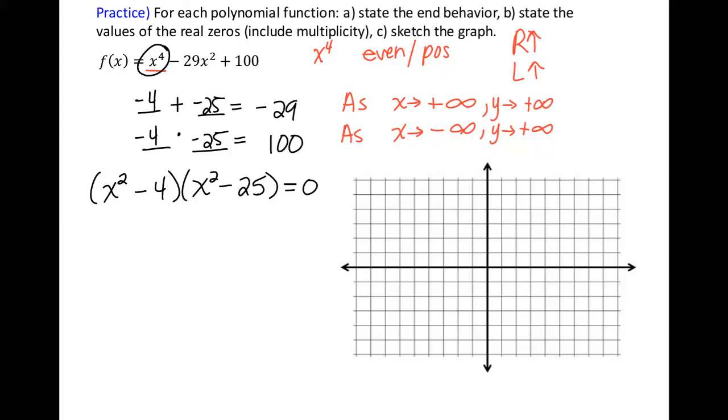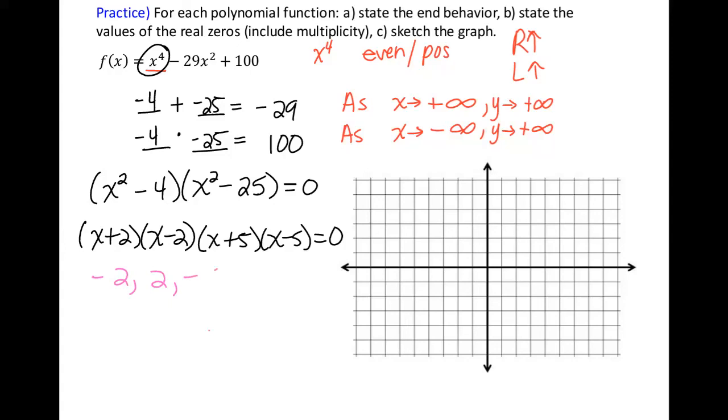X squared minus 4 is going to give us x plus 2, x minus 2, because it's dots. The square root of 4 is 2, and the square root of 25 is 5. So I can do x plus 5, x minus 5. Make those equal to 0. So your zeros, just switch sign. This x plus 2 is positive, so switch the sign to negative 2, positive 2, negative 5, and positive 5.